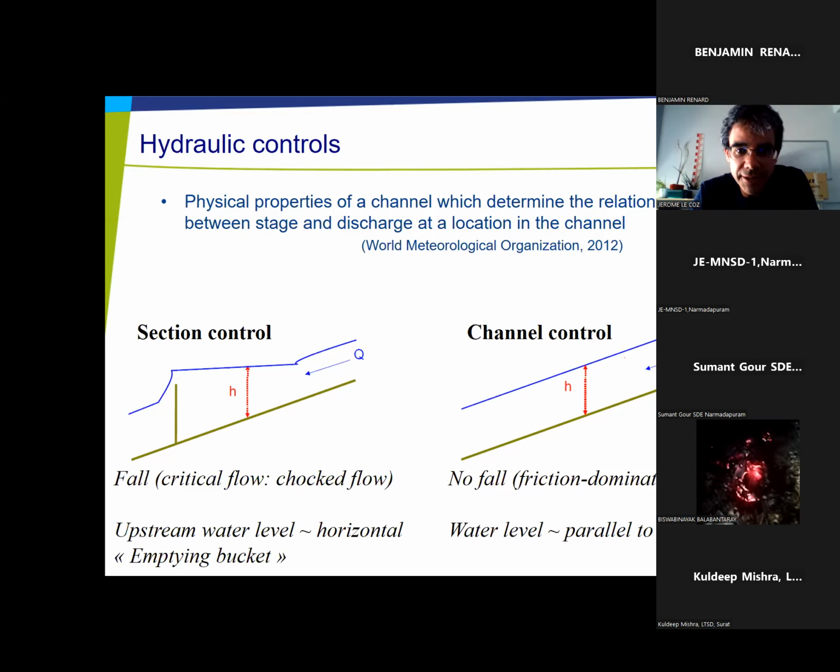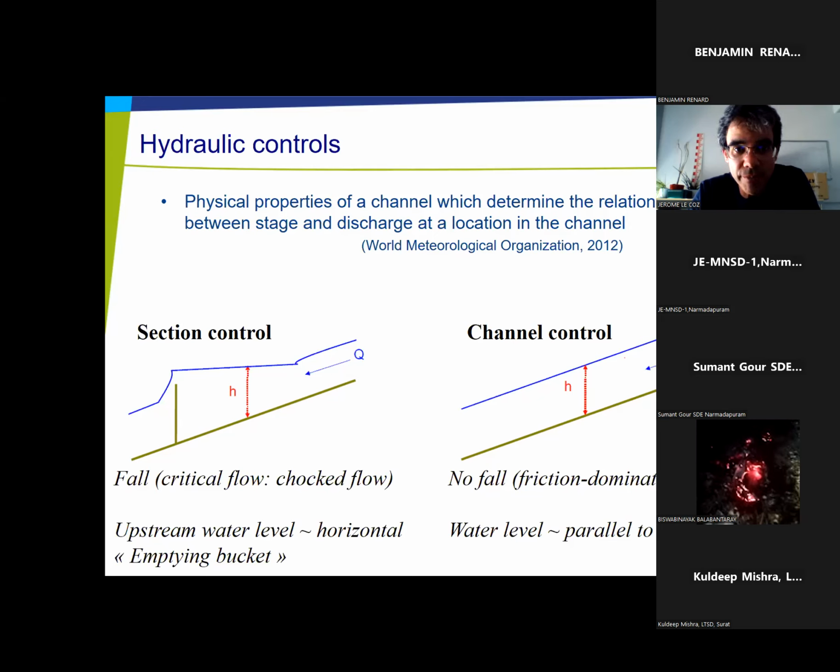So very classically, we distinguish two types of hydraulic controls. What we call the section controls on the left. So this is a side view of an ideal stream or river. You can see that there is a fall, which in hydraulics means that the flow will go through a critical regime, what sometimes people call a choked flow, because it's choked by this critical cross section here due to a fall.